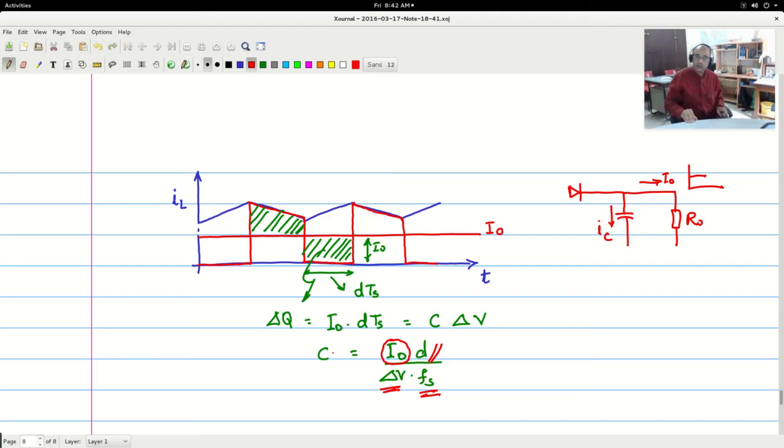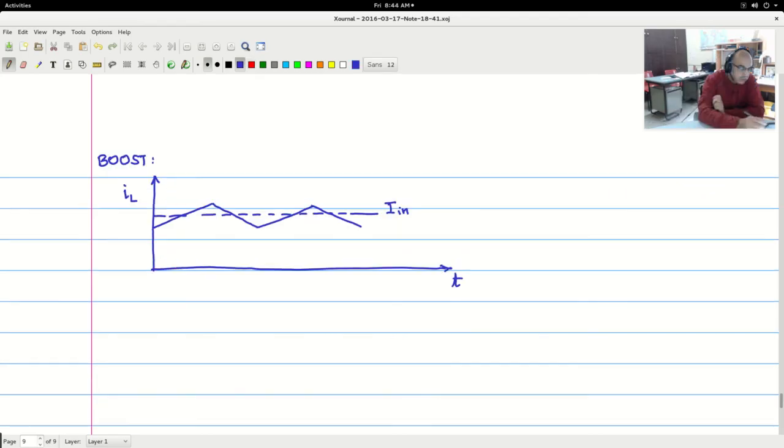Likewise, you can calculate the value of inductor L. So again, looking at the boost converter, we see that this is the inductor current waveform. The average value is In, and we know that In is equal to I naught by 1 minus D for the boost converter case. Knowing the value of I naught and D, we know the value of In. And what is this slope?